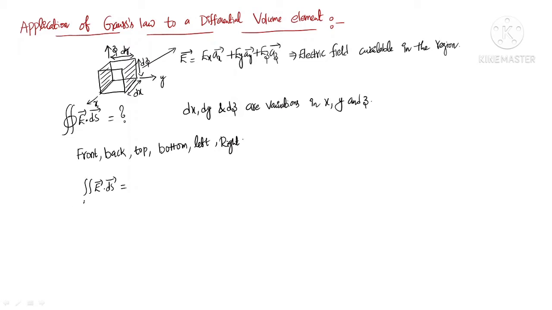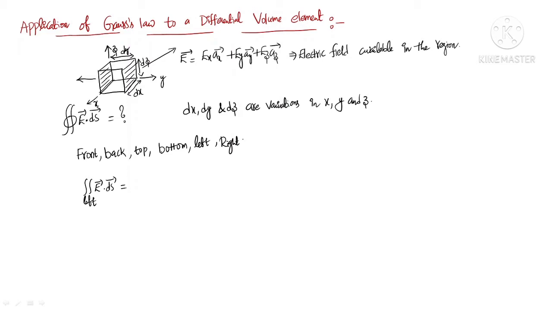E bar has all three directions, along x, y and z, whereas for the left surface the differential surface vector is along negative y, because the differential surface vector is always drawn as the outward normal from the surface.